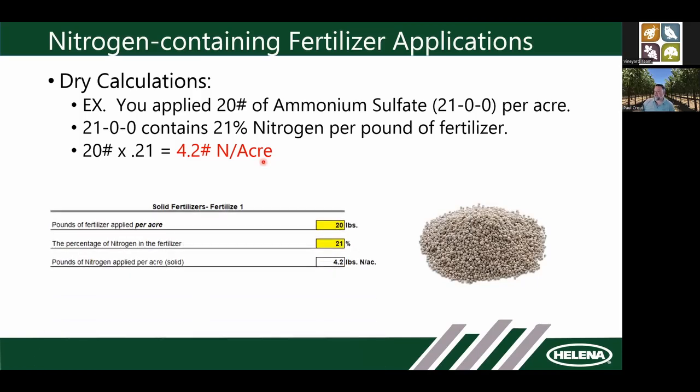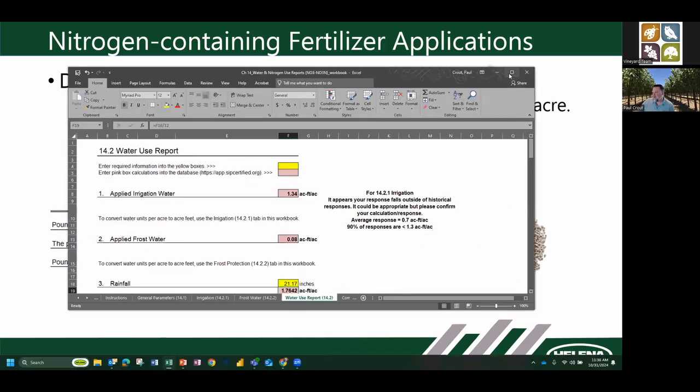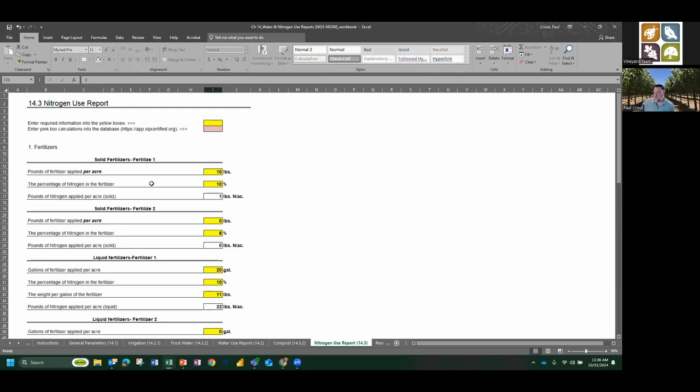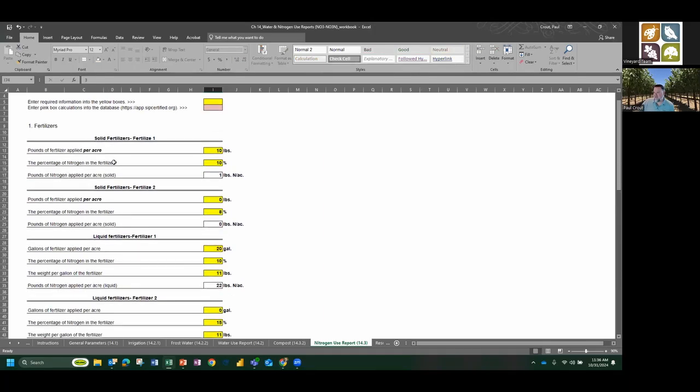Hopefully that makes sense. So here it is in calculator form. This is a screenshot of the fertilizer calculator. So if I bring this piece over and we're looking at nitrogen, you can see here are solid fertilizers.